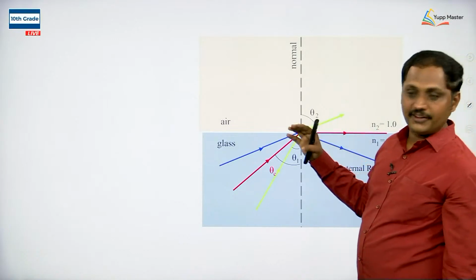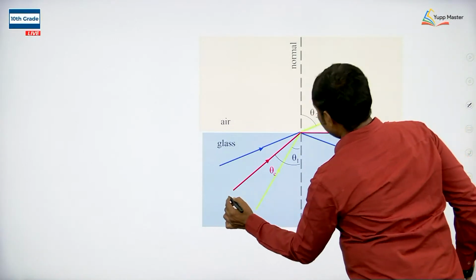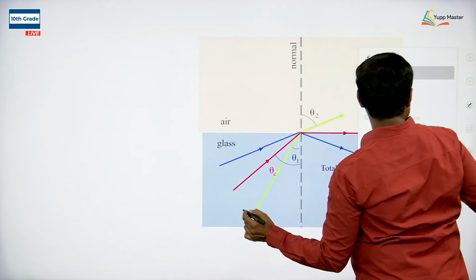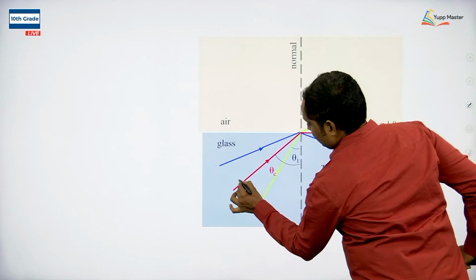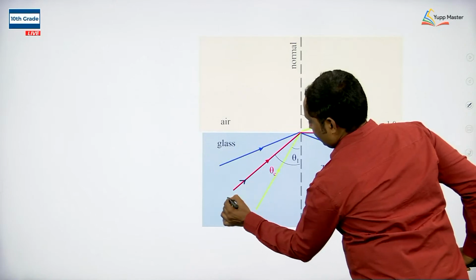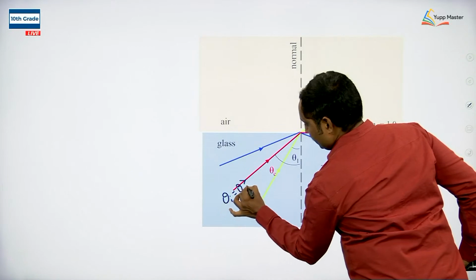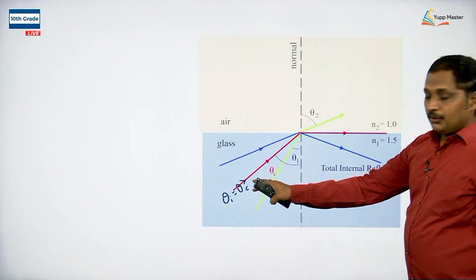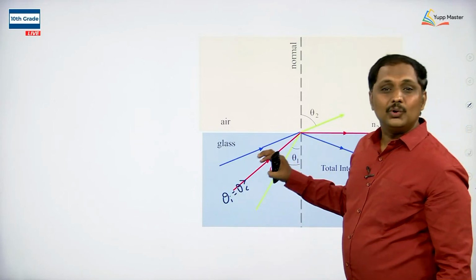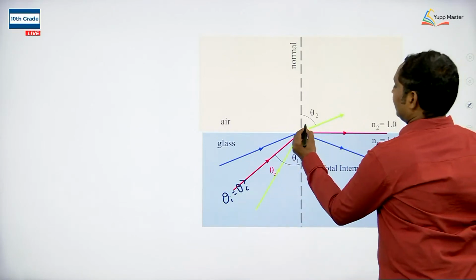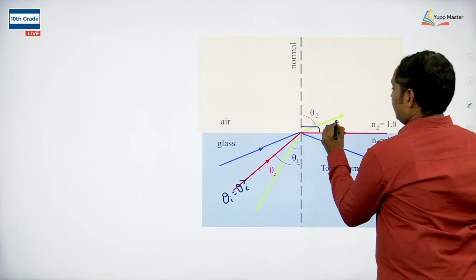Air glass interface. We have to observe that when theta I is equal to theta C, the incident angle is equal to the critical angle, then there exists an angle of refraction of 90 degrees.